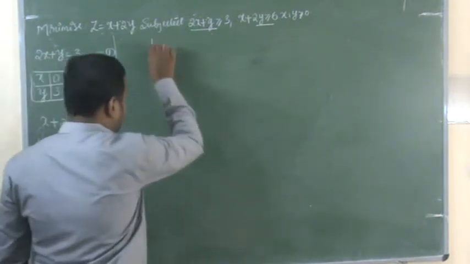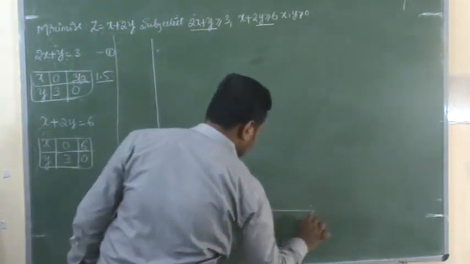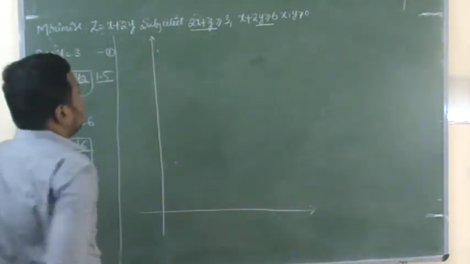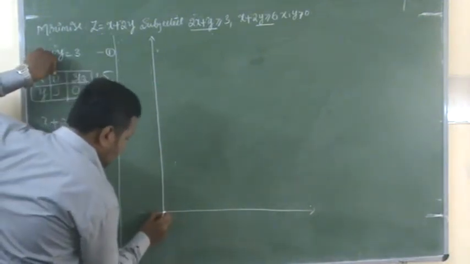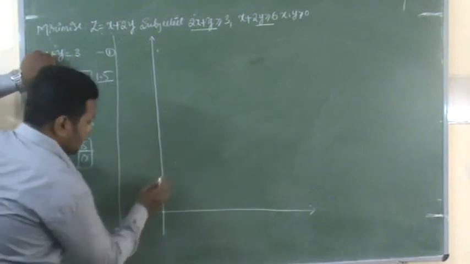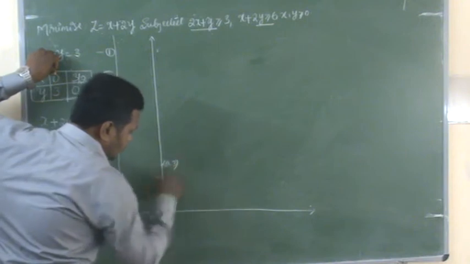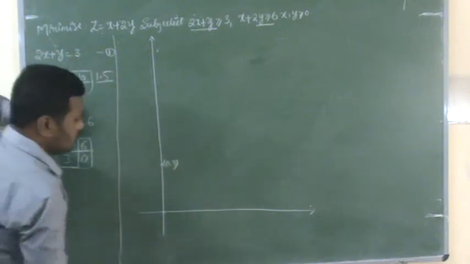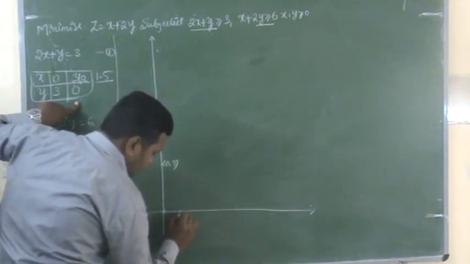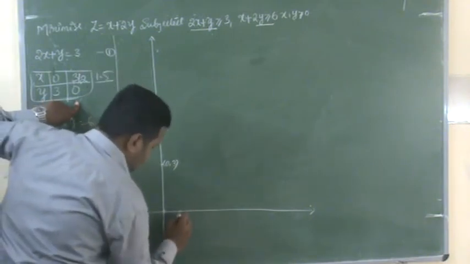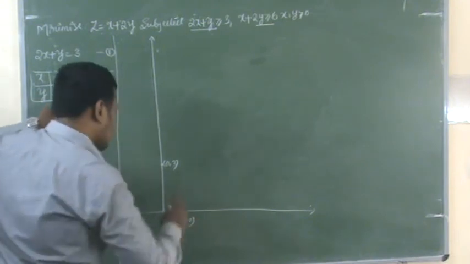Now the graph. When x is equal to 0, the y value is 3, that is the point (0, 3), and when y is equal to 0, the x value is 1.5, that is (1.5, 0).